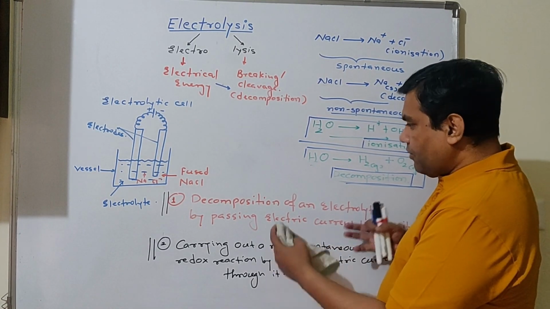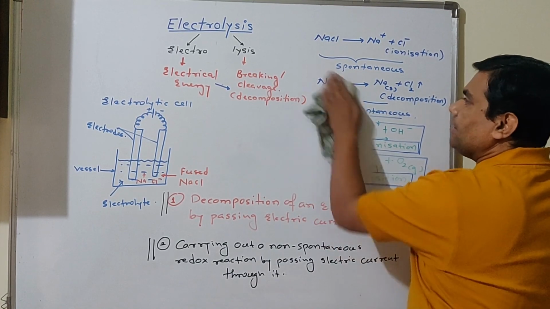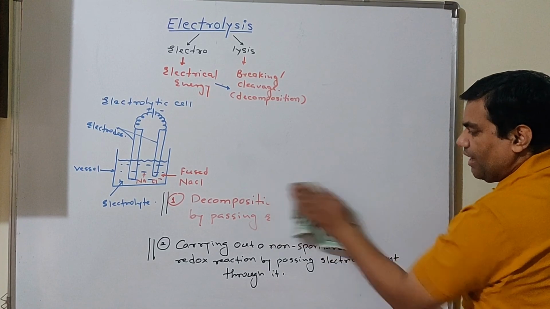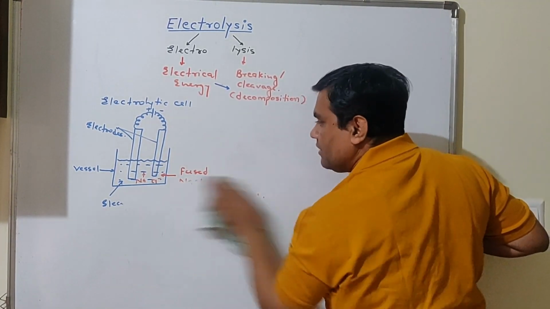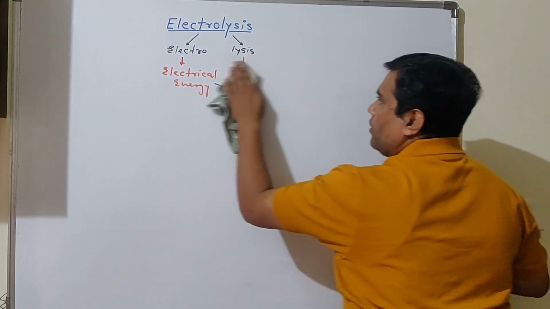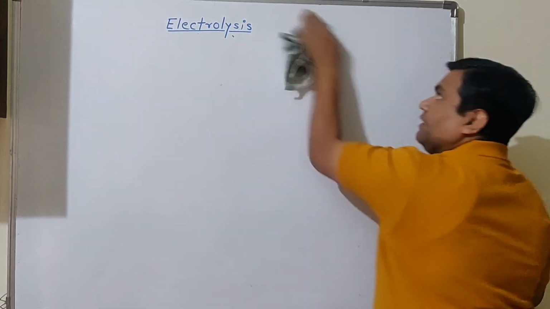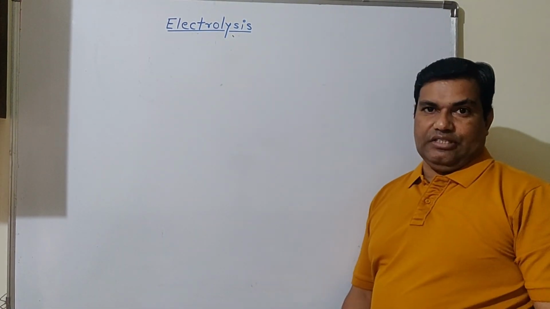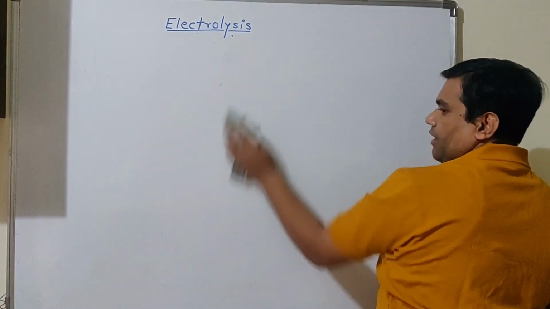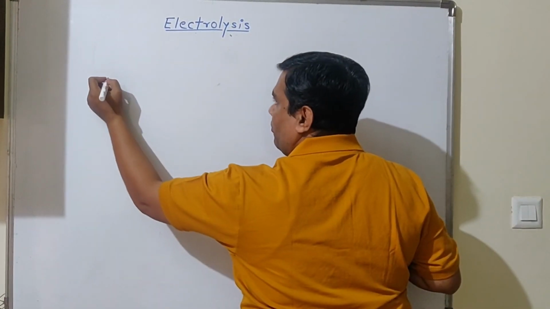Now, after knowing these two definitions, let us talk about the mechanism: how does electrolysis take place? It is a non-spontaneous redox reaction, and we carry it out by passing an electric current, which is an external agency. Let us consider we have an electrolytic cell and we are carrying out the electrolysis of fused NaCl.